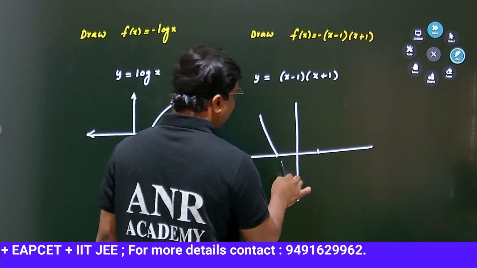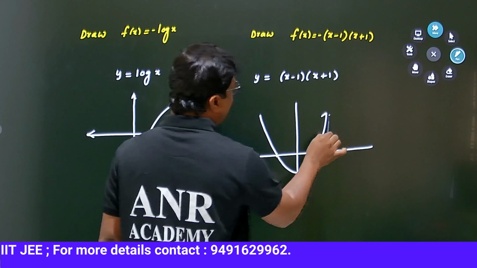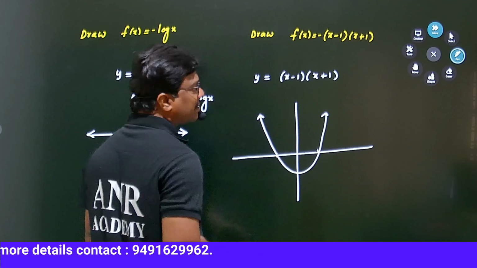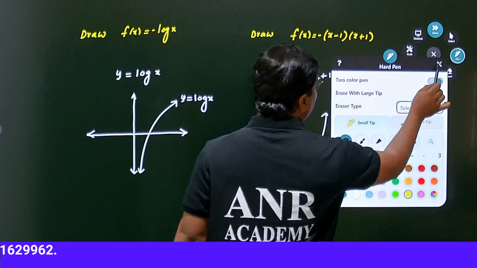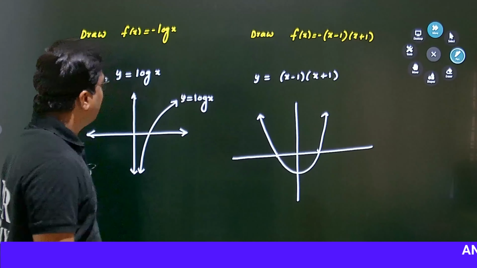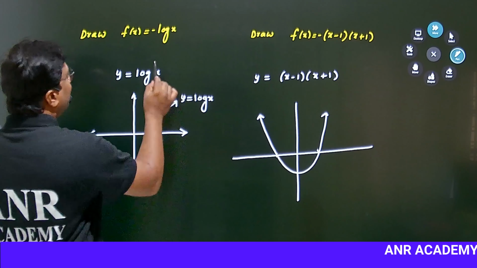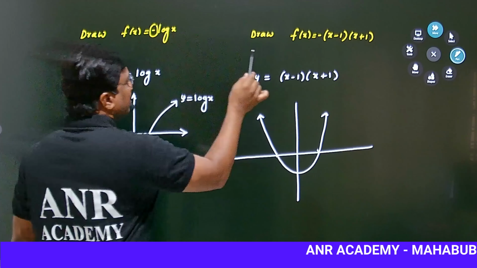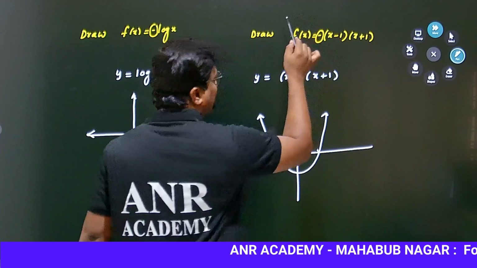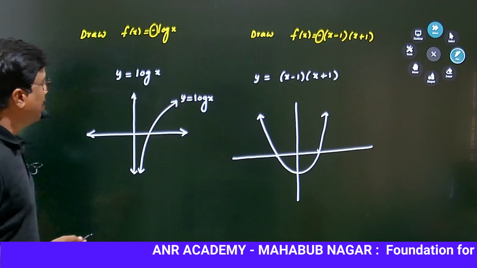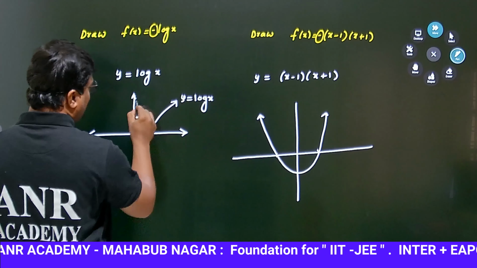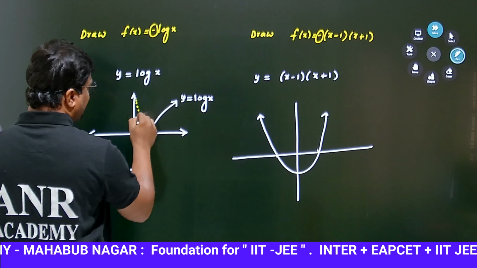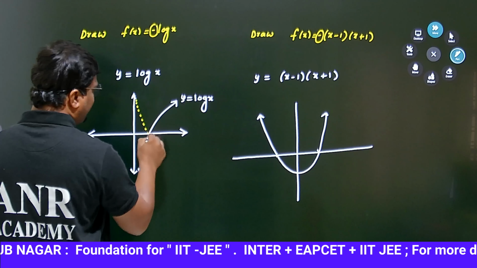So this is the graph of y equal to x minus 1 into x plus 1. Now, using graphical transformation, you know that when you have an outside minus sign, just draw the graph which is symmetric about the x-axis. So now the symmetric graph I am going to draw.